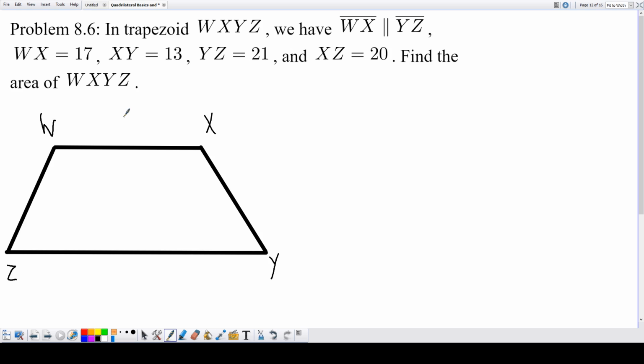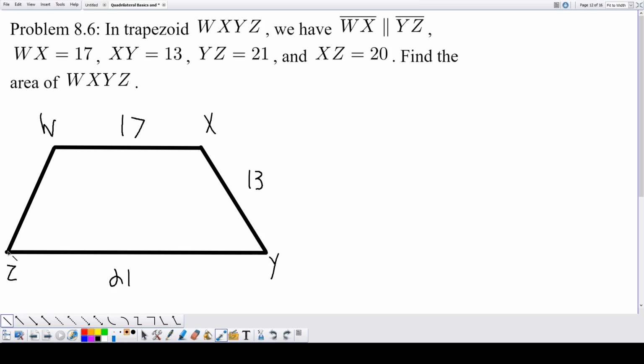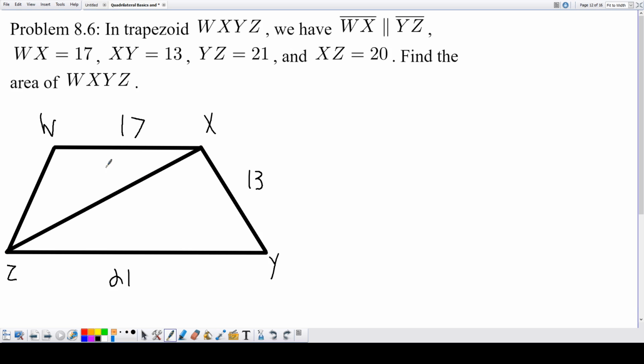And we have that WX is 17, XY is 13, YZ is 21, and XZ is 20. Alright, so we have to draw a diagonal, and that has a length of 20. Find the area of WXYZ.